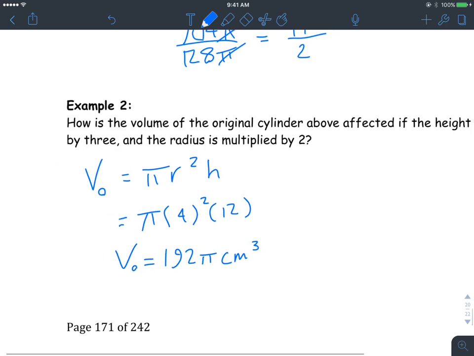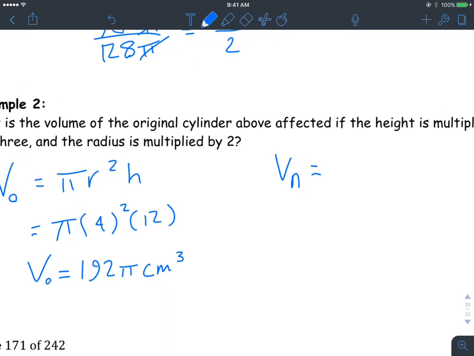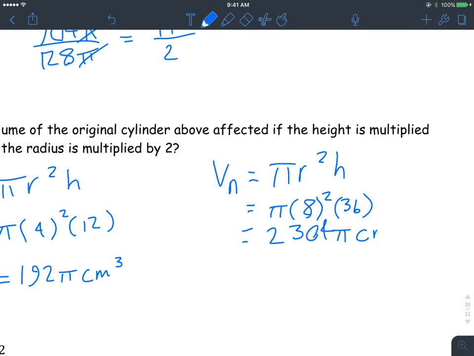Okay, next one, volume of the new, I'll use a little n for that. Still pi r squared h, so that'll be 4, or I'm sorry, no, that'll be 8 squared times 36, and then times your pi. Then when you punch that out, that'll get you 2304 pi centimeters cubed.